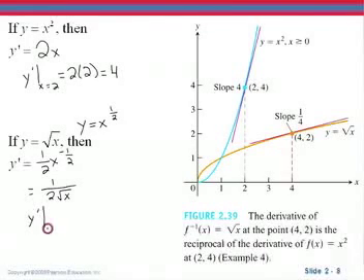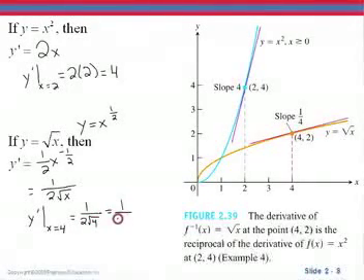And so y prime here, when x is 4, would be 1 divided by 2 square root of 4, or 1 divided by 2 times 2, which is 1/4. So if at (2, 4) you have a tangent slope of 4, then on its inverse at (4, 2), you will have a tangent that has a slope of 1/4.